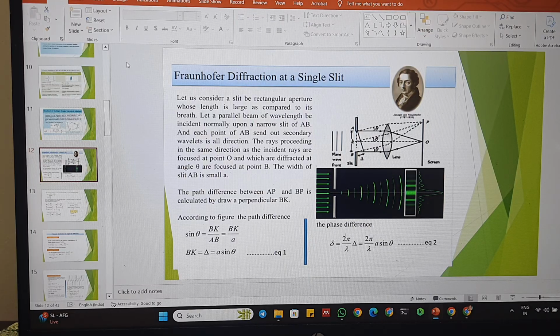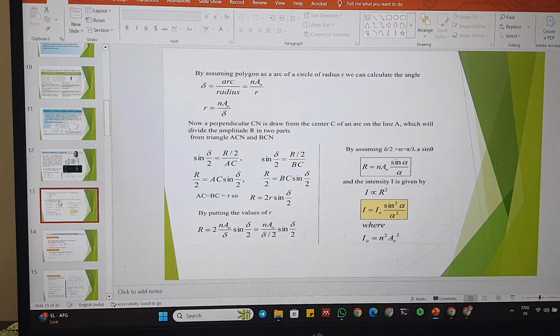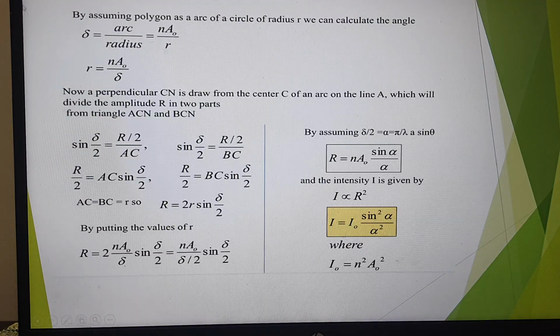Then coming to phase difference, that is delta equal to 2 pi by lambda into the path difference. The path difference is a sin theta in combination with the width, so delta equals 2 pi by lambda a sin theta. Next, assuming we have a polygon arc, it's a simple concept.